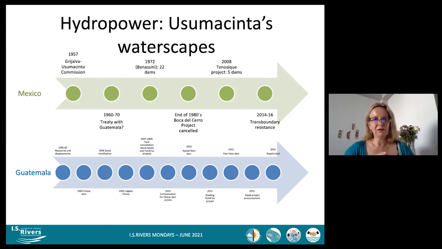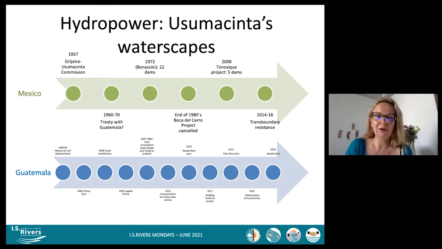So this slide shows the waterscape in relation to Mexican hydropower at the time scale between the 1950s until just a few years ago, around this major project that was designed, abandoned, came back, and that produced huge resistance.